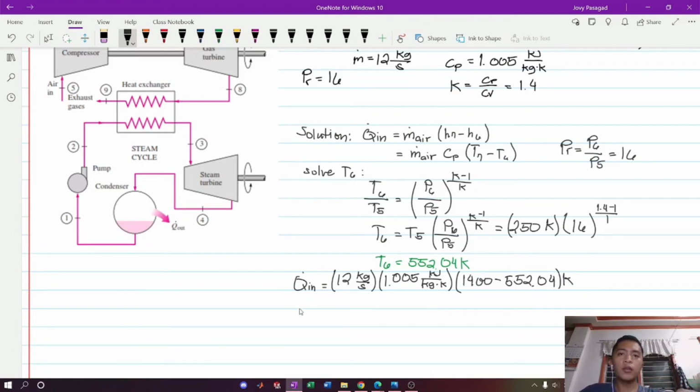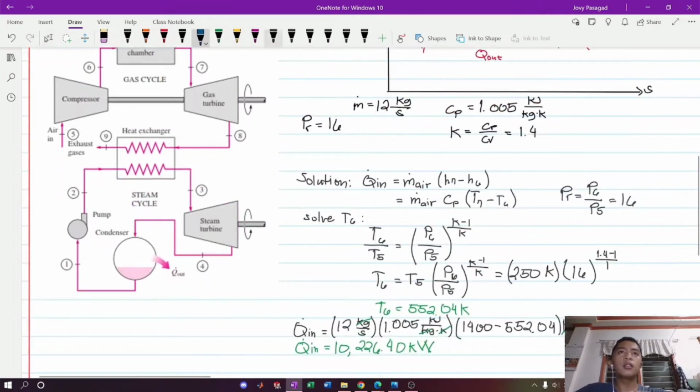So your Q dot in is equal to 10,226.40 kilowatts. Kilojoules per second is kilowatts. By the way, this is the gas cycle.